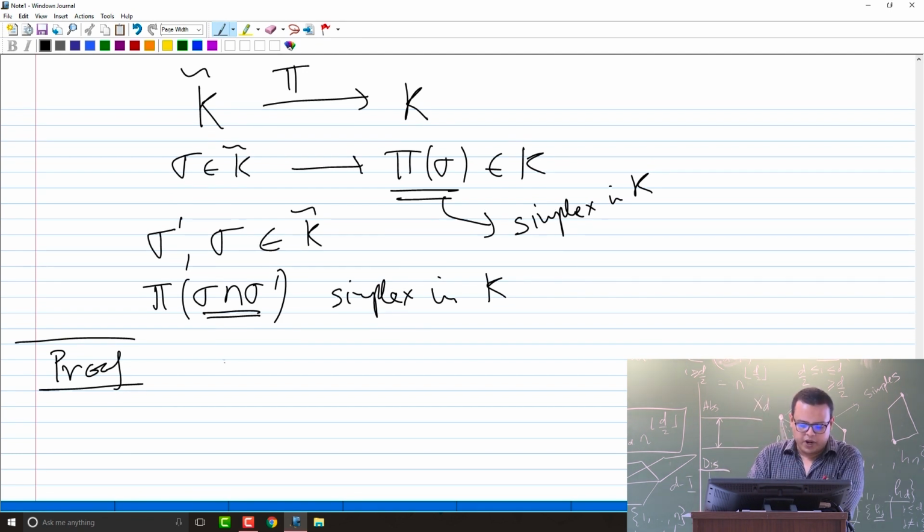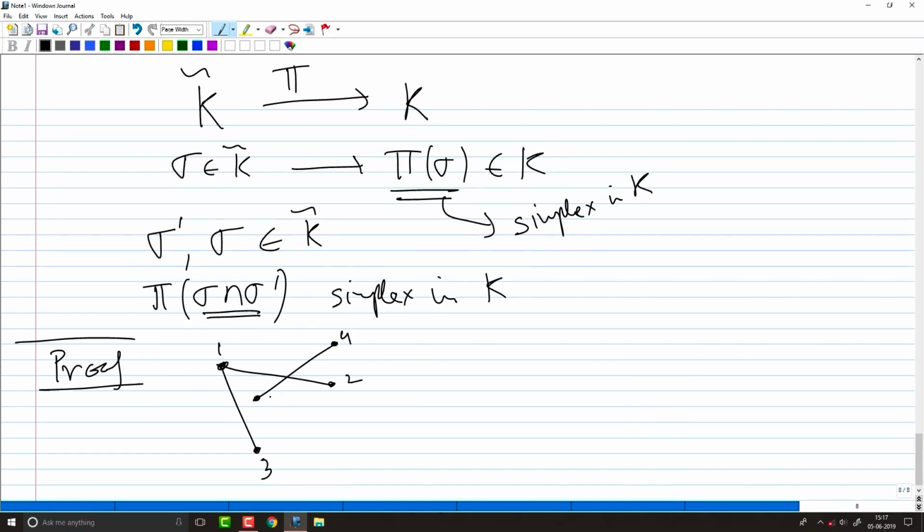So let us do one more example. Vertices 1, 2, 3, 4, 5, and let the abstract one be this, with edges 1 2, 1 3, 5 4.